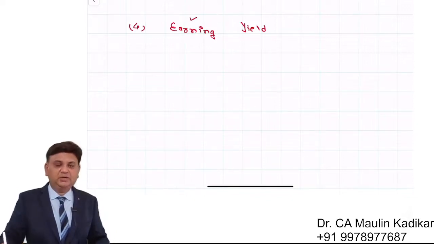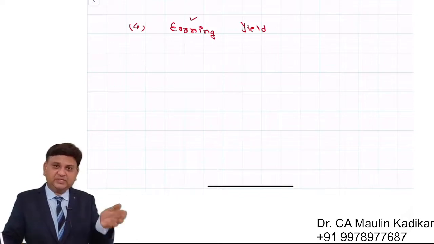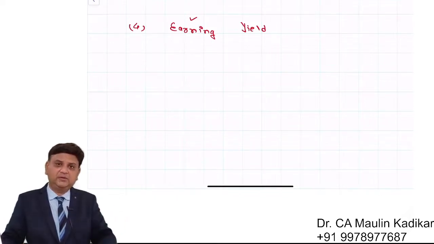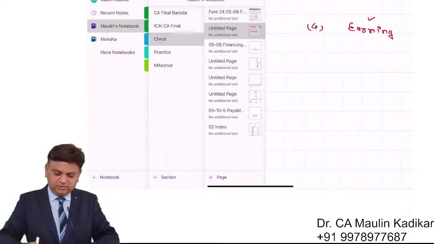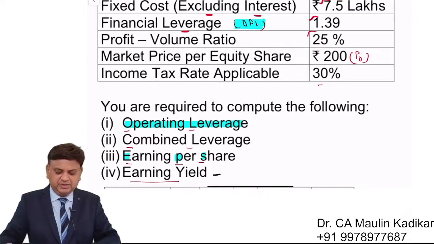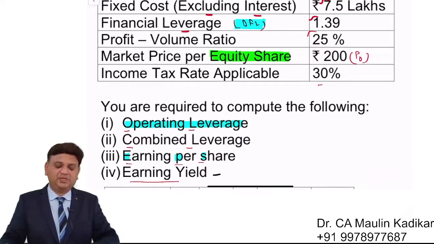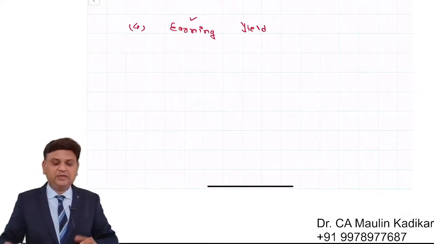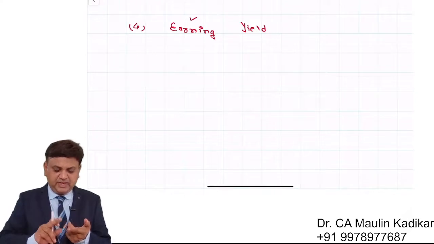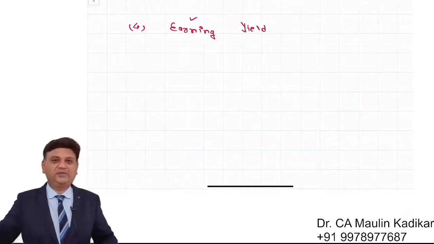Earning yield stands for return to the investor in terms of the earning. Which investor? Of course, equity shareholder. Sir, why only equity shareholder? Because only for the equity shareholder we compute the earning per share. So the earning yield is calculated taking into account the earning per share and the market price of equity share.